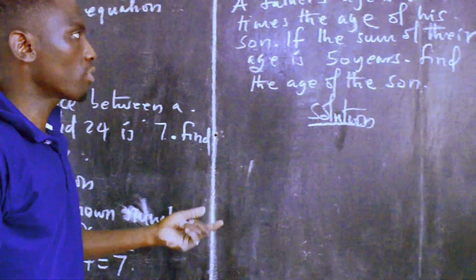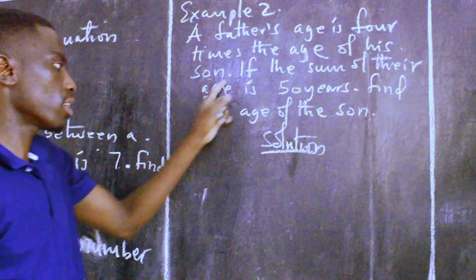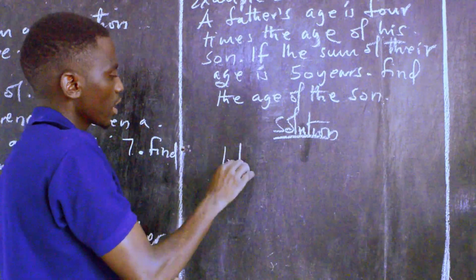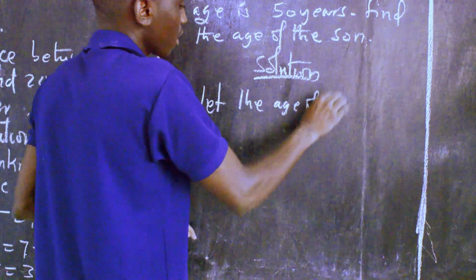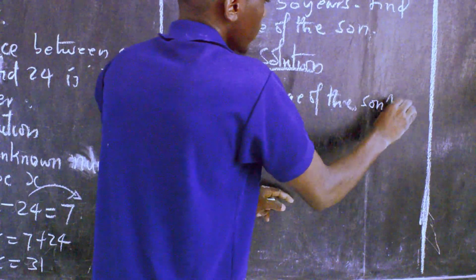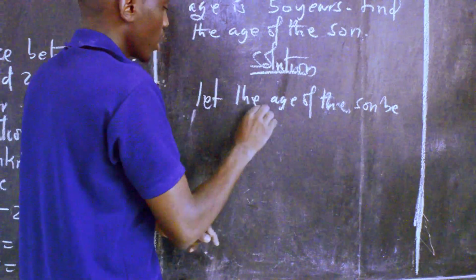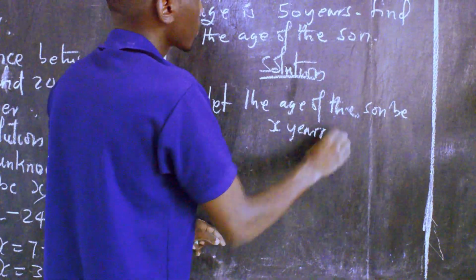First of all, you have to write. You are given the father's age is 4 times the age of his son. So, let the age of the son be x years.